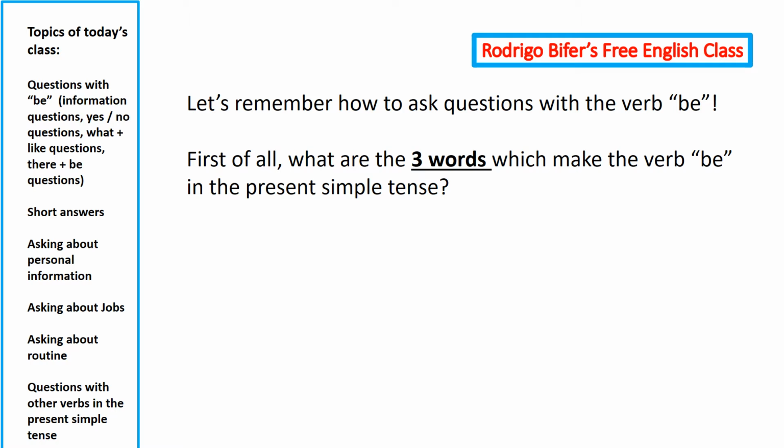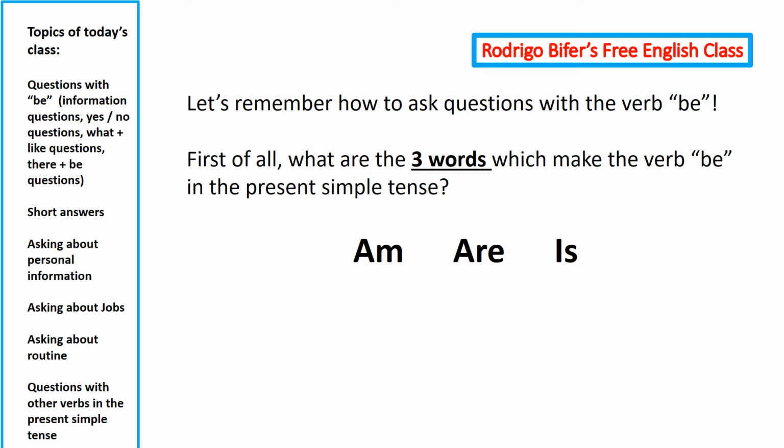Okay, first of all, let's remember how to ask questions with the verb to be. Before we do that, what are the three words which make the verb be in the present simple tense? I'm sure you remember that. It's really easy.